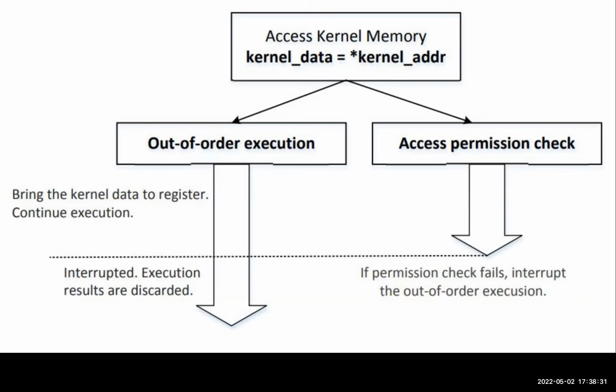The out of order execution results should be discarded. However, when they roll back, they only roll back the registers. They do not roll back the cache. That's a problem. That's why it leaves some information in the cache.